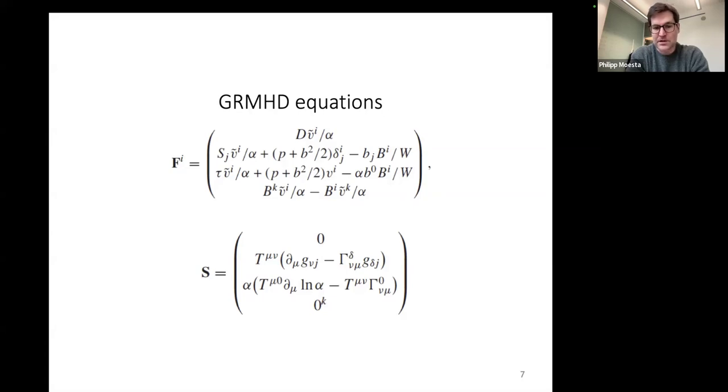And then the source terms depend a little bit on what we're actually looking for. So for the evolution equation for D, those are 0, and also for the magnetic field, they're 0. But for the other quantities, we see our space-time variables and the stress energy tensor appearing.